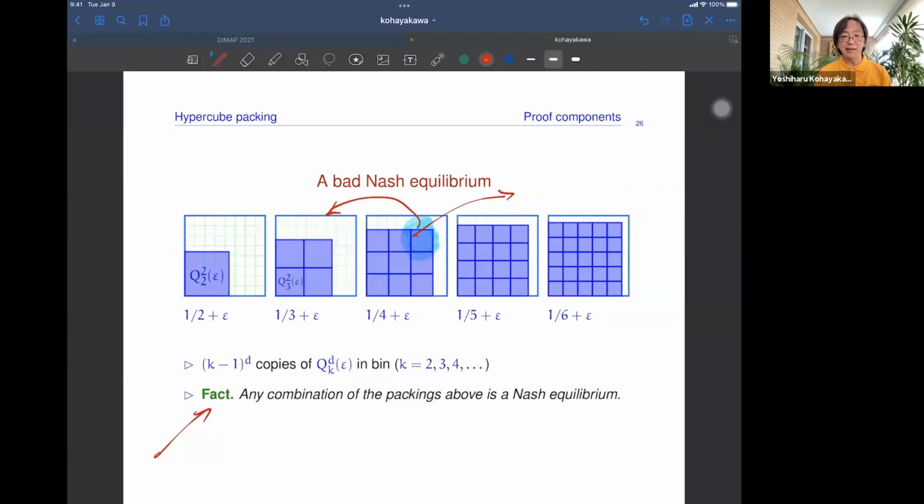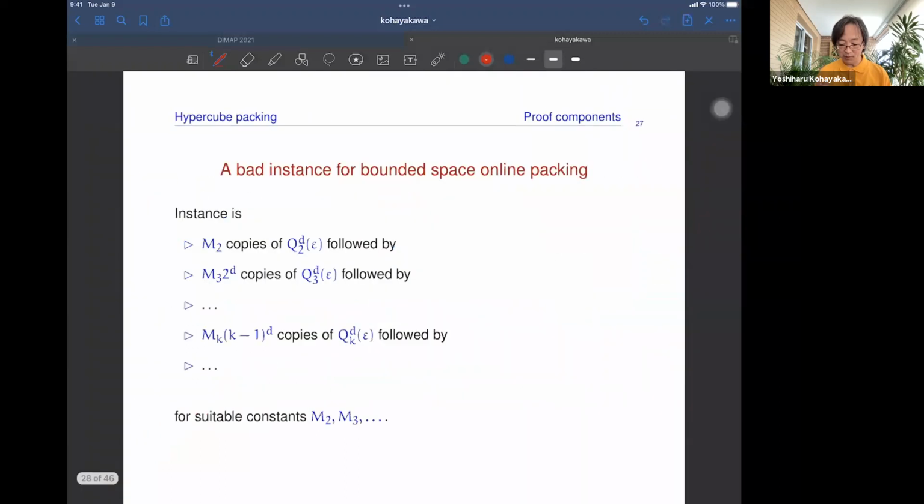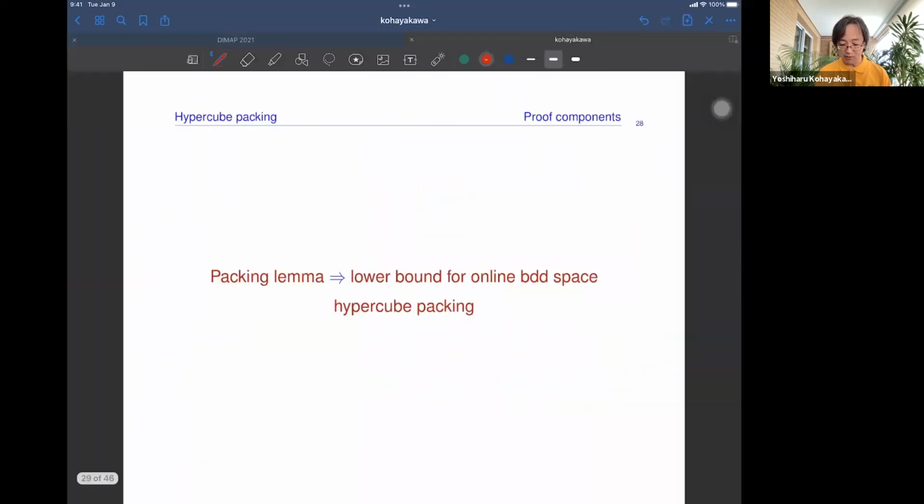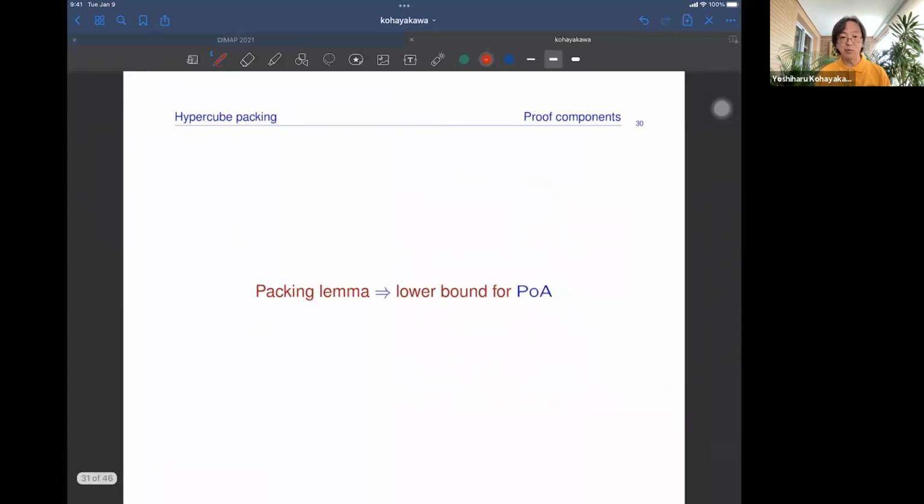Now, we want to say this is a bad Nash equilibrium. So we want to show that if these guys work together, they would fit in some smaller number of bins, right? So I'm talking about this. We have this packing lemma, and out of that, I would like to prove a lower bound for the price of anarchy. Remember, price of anarchy is the ratio between the worst Nash equilibrium and the optimum.